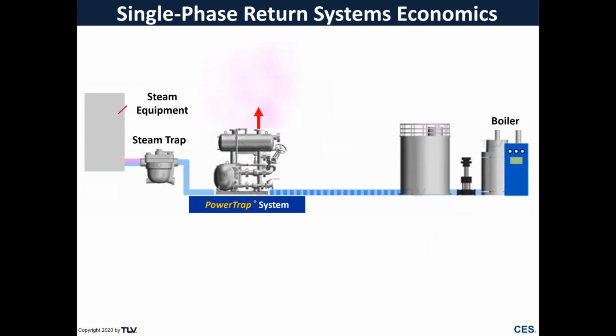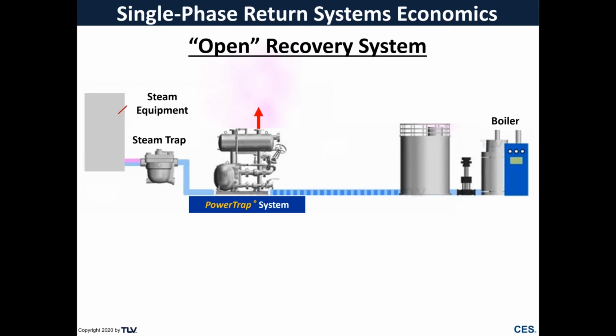Now, if we look at a single phase condensate return system, or what we would call an open condensate recovery system, this is where we're recovering the condensate, but we may be losing that flash steam. And there might not be many options to recover that flash steam.